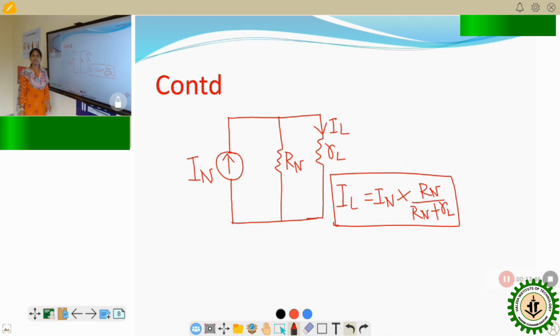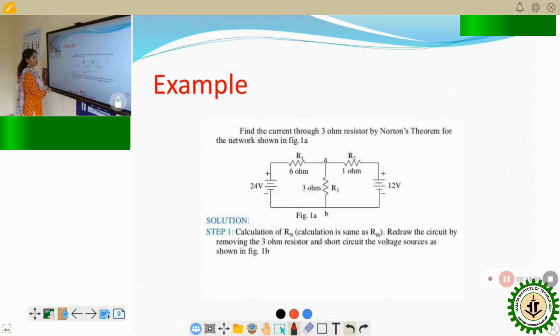These are the procedures to calculate the short circuit current or Norton's equivalent current, and the Norton's equivalent resistance, which is the same as the Thevenin equivalent resistance, and then the current through the load resistor. If I discuss one example, then all of you will understand how to calculate IN and RN by using the different steps.